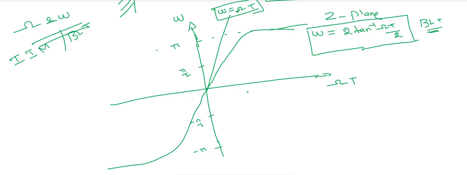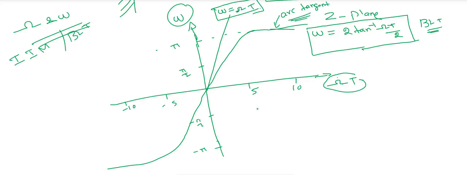This is 5, for example, 10, minus 5, minus 10. So this is the mapping between the frequency variables omega and omega for the bilinear transformation. This is for impulse invariant. Due to the arc tangent function, this omega and this omega are non-linear.